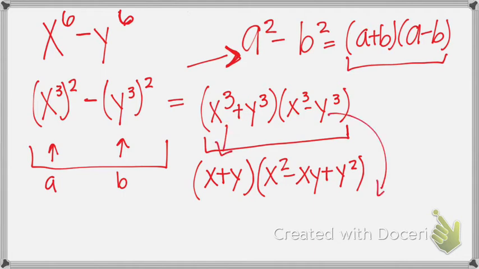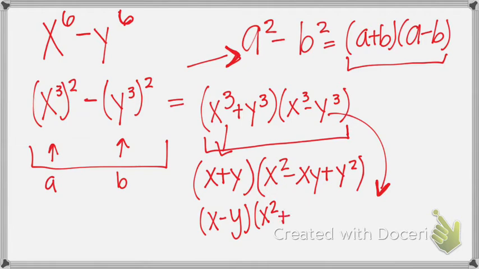Now the second one. Are my letters going to change or just the signs? Just the signs. So now this one's going to say x minus y, and then x squared. What's the formula? Plus or minus next?